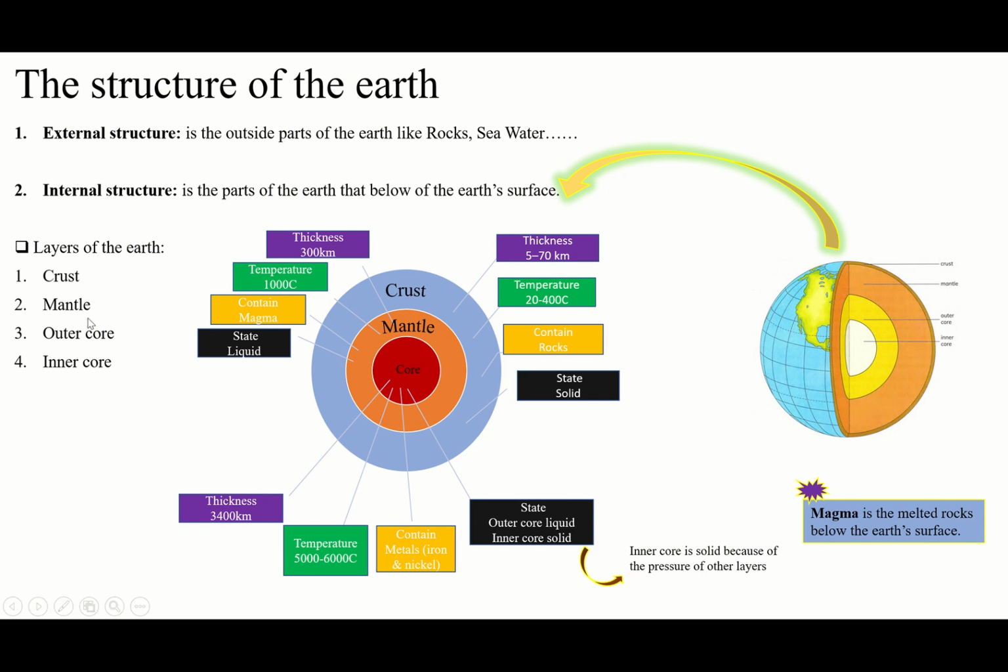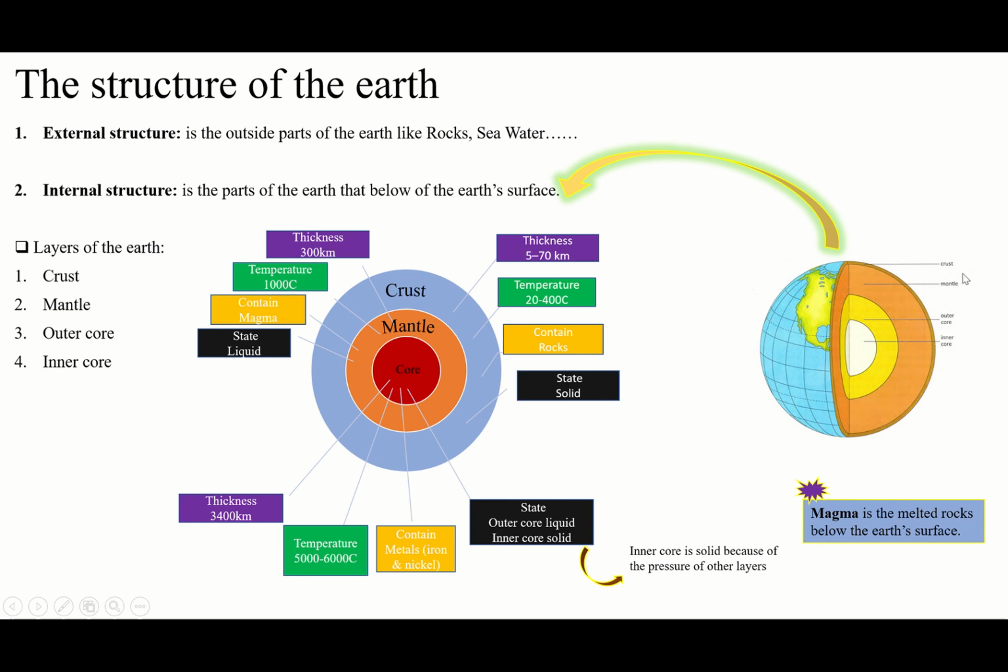And next one is mantle. So, guys, we have four layers in order. The first one is crust, the second one is mantle, the third one is outer core. The fourth one is inner core. Okay? So we have these four layers. And the first one, as we said, is crust.